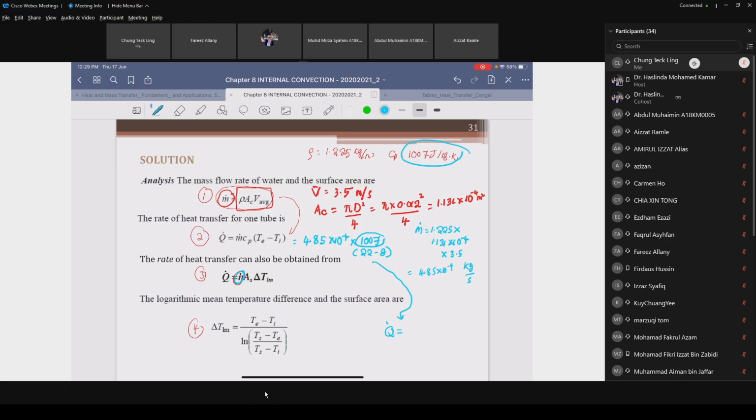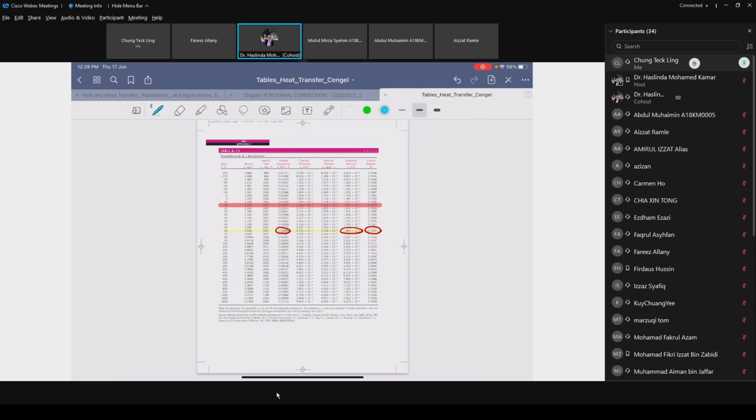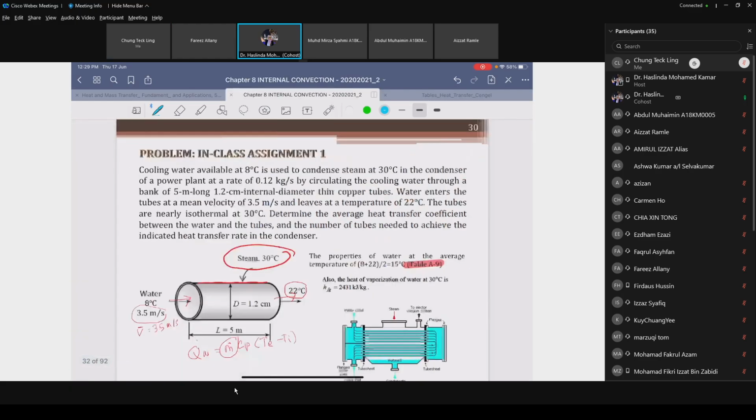Ada siapa yang dah dapat jawapan? Anybody? Oh, CP tadi from this table, 15 degree kan? Sebab saya sebut tadi we are based on average temperature, average temperature of the water.